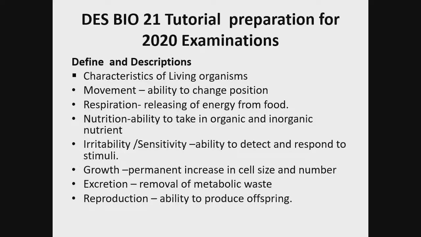The last one, reproduction, is the ability to produce offspring. When a living organism produces offspring, we call it reproduction, either asexually, where only one parent is involved, or sexually, where there is involvement of gametes, one coming from a male and another from a female. Therefore, in sexual reproduction, you have two parents involved.